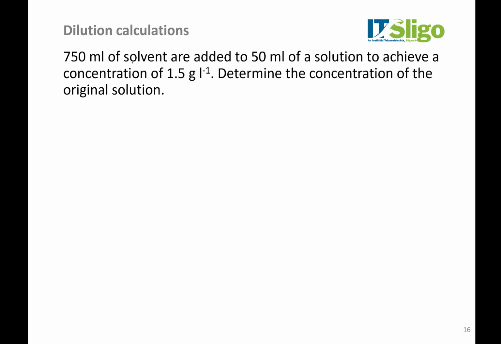So this is worded awkwardly, guys, and you need to kind of divine what's going on. We started with 50 mL of a solution. We don't know its concentration. What we ended up with though is we added 750 mL, so we're going to have 800 mL as our final volume. So that's why the wording is very important.